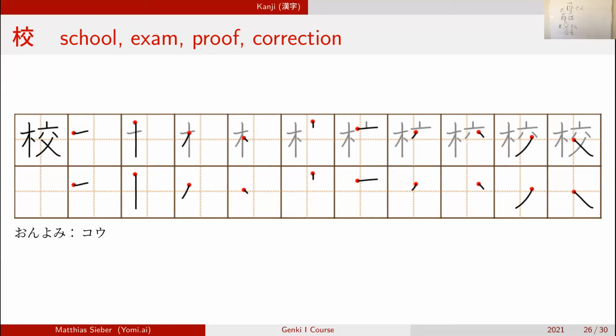Okay, next one, we have ko as in gakko for school. So we also have the father in here, actually. Let me actually do the whole thing. First we know this one, gaku, right?